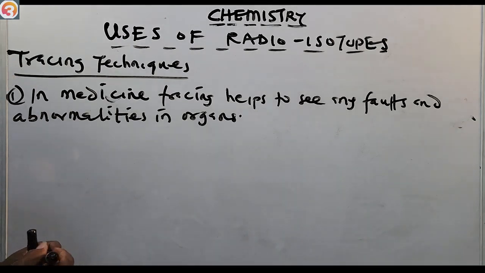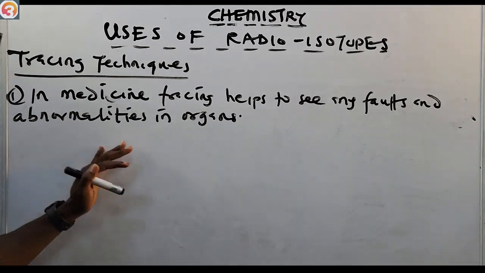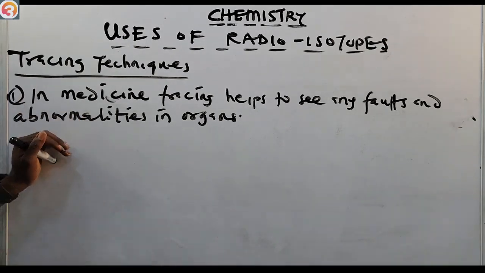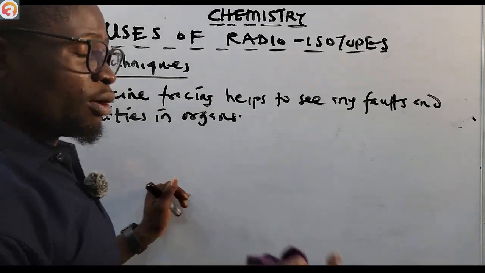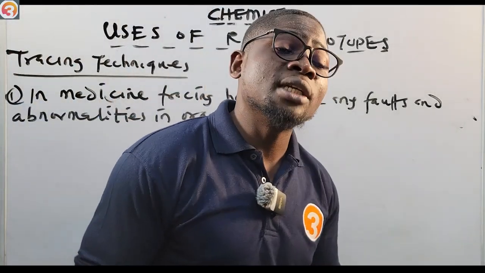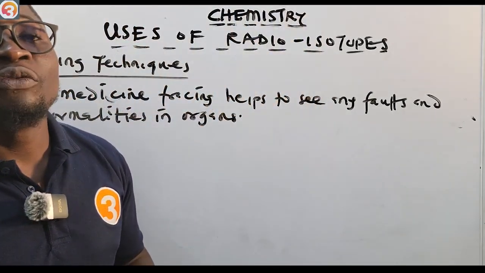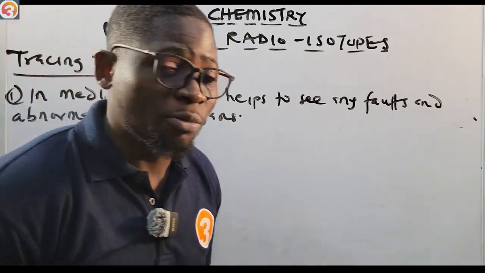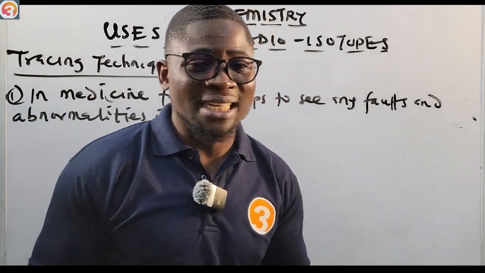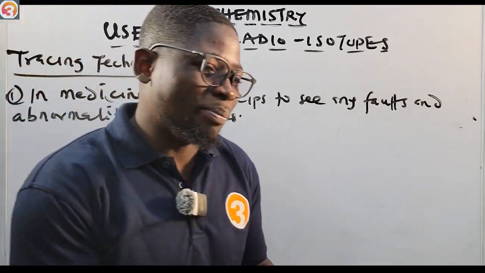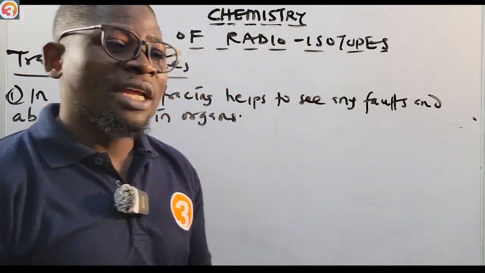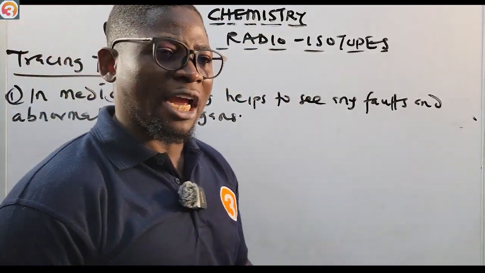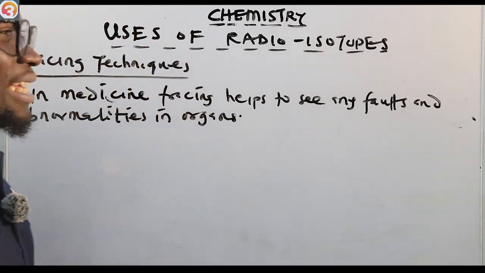So instead of a particular organ that is malfunctioning, you don't have to tear the person open and then be looking for where the problem is coming from. You can just simply use tracing techniques, and it will identify the particular organ that has the fault. Then you can easily operate on it. It's as simple as ABC.